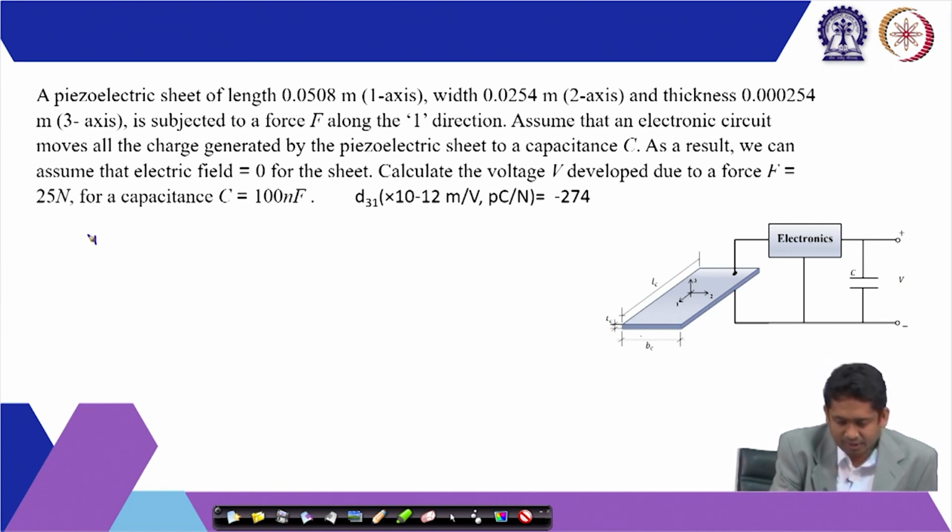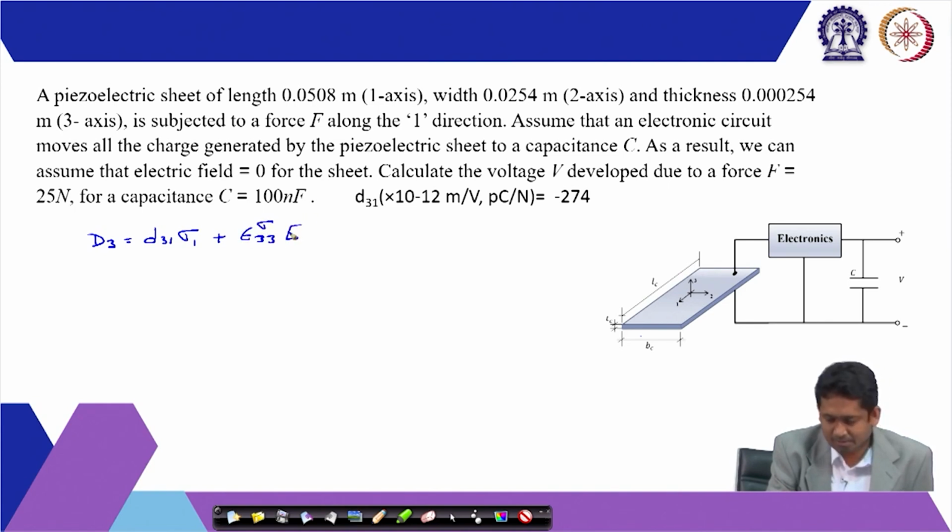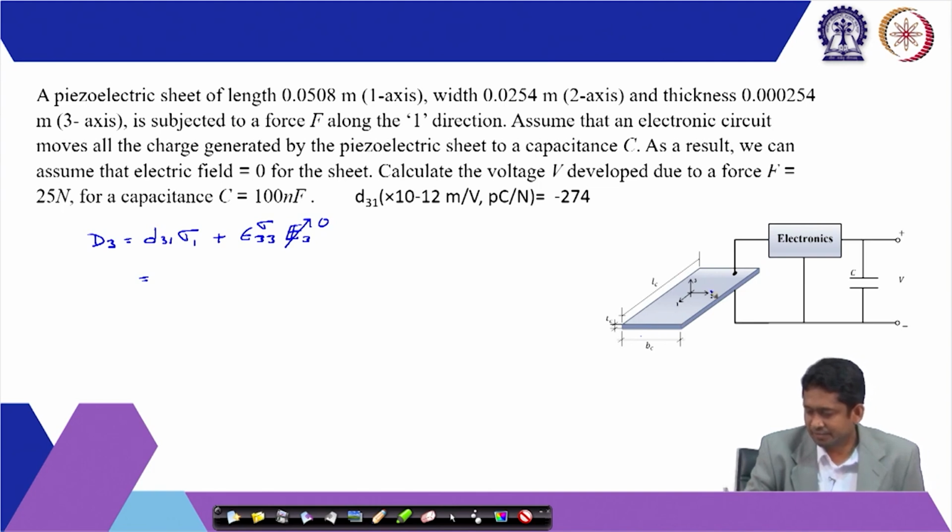So, we can write the equation, the relevant part of the constitutive equation: D3 equals d31 multiplied by sigma 1 plus epsilon 33 sigma multiplied by E3. Now, E3 is 0, it is stated in the problem. Sigma is the stress. If I know the force, the stress is force by area.